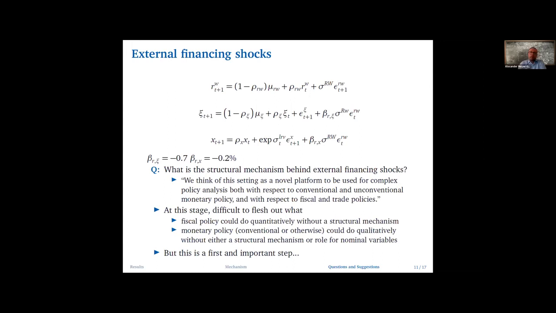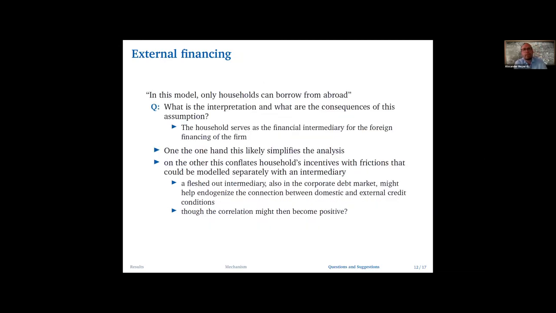In monetary policy, we have no role for nominal variables here at all. It's not clear what they could do qualitatively or quantitatively. But as I said, and this is something I can't emphasize enough, this is a very important first step in giving us this small open economy model, production-based, that is matching the data and has these features.